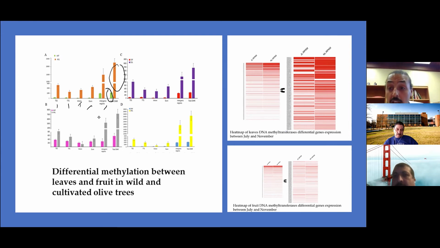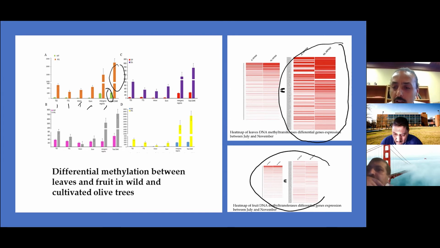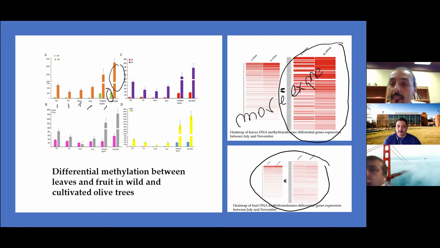So if you see here, this is the heat map from the leaves. If you look at the colors right here, they're pretty dense. And to compare them with the fruit, here we have more expression here. So what's going on is in the leaves, the methyltransferases work more than in the fruit. And that's why we have more methylation in the leaves compared to the fruit.